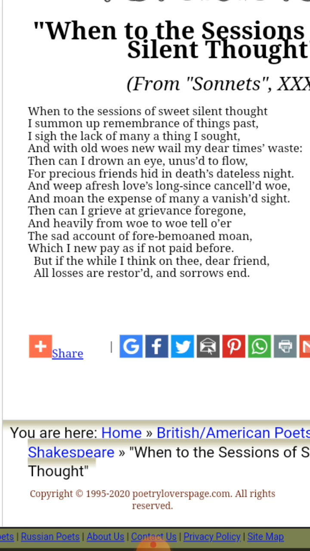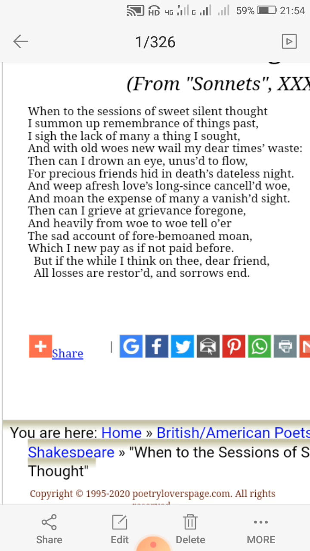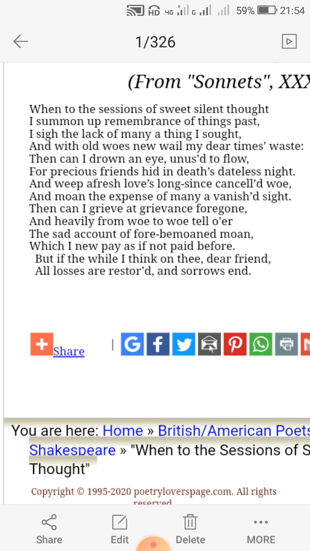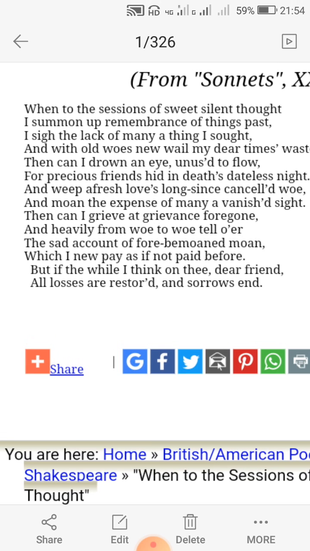The second stanza of the poem, the poet says that he is not habitual of weeping when he remembers his past incident and past friends who have died now.